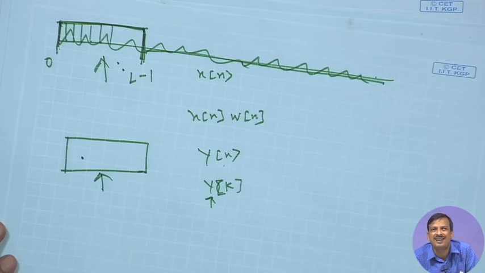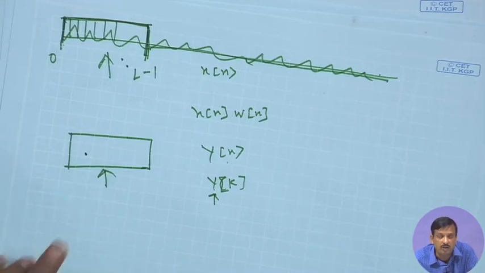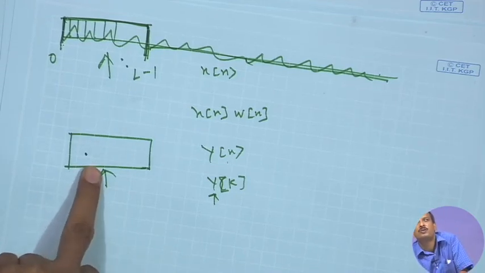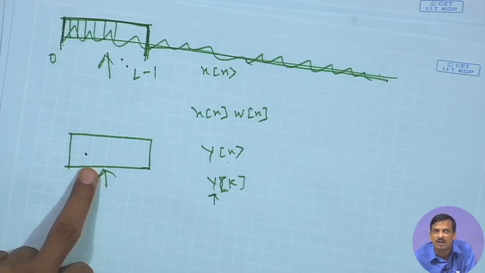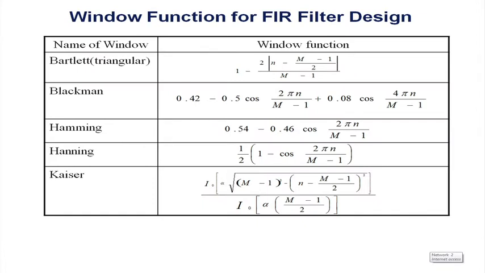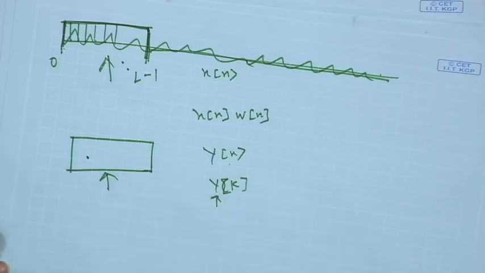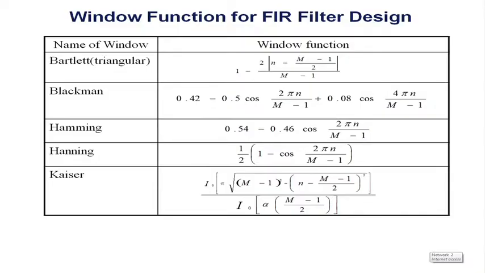So, I am not getting only the exact frequency response of the filter and input signal, but it is combined with the window function's frequency response. That is why I get different kinds of ripple. Different window functions are defined to reduce the stopband ripple and passband ripple. They are called the Blackman window, Hamming window, Hanning window, and Kaiser window.